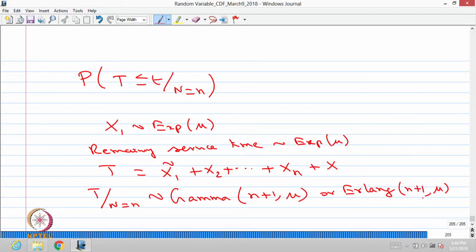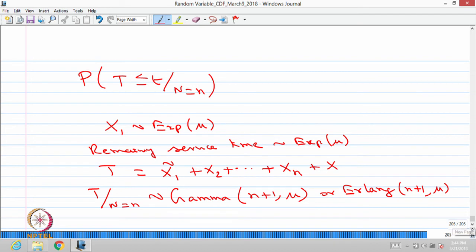There is another name for this, the Erlang distribution with n plus 1 stages, with each stage an exponential distribution with the parameter mu. So, this is the conditional distribution of T given N takes a value small n.